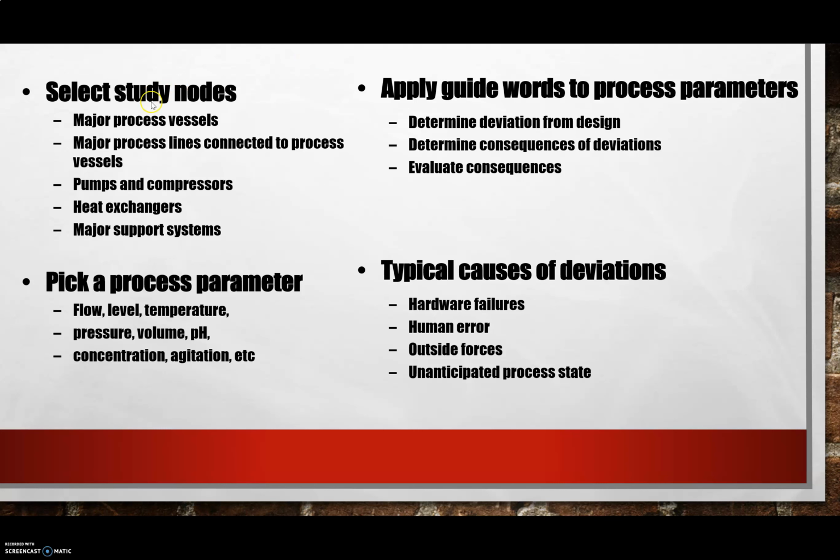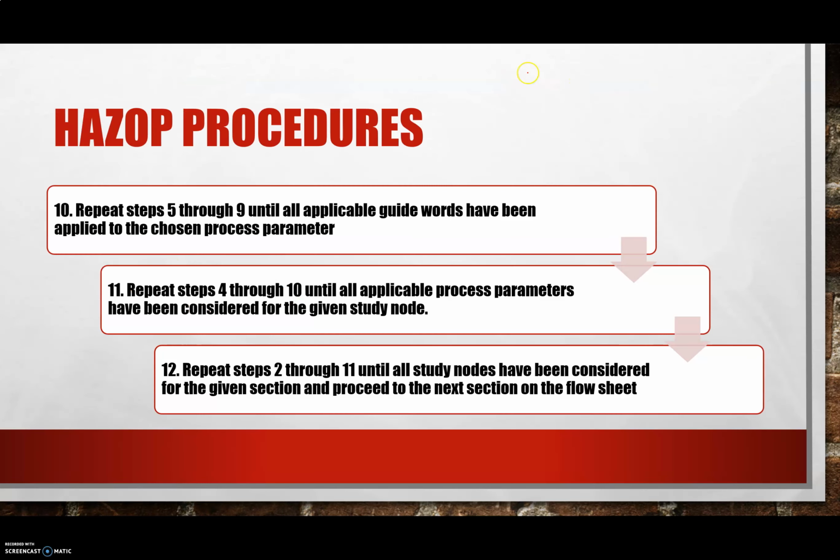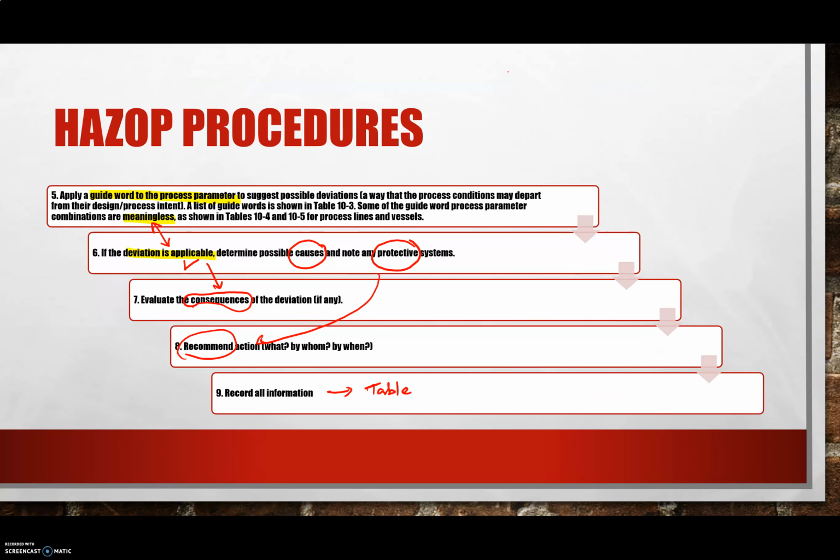Study notes, process parameters, and guide words. These are the three main elements in HAZOP studies: notes, process parameters, and also guide words.